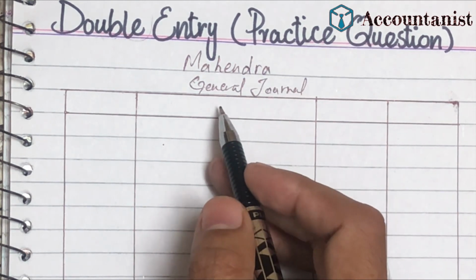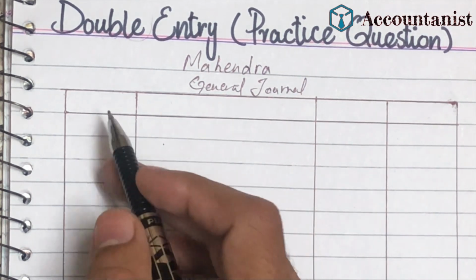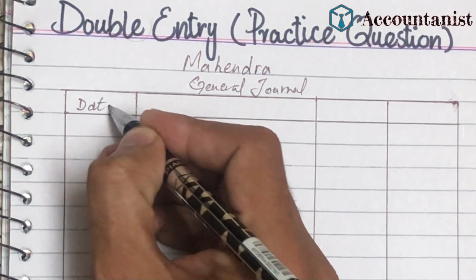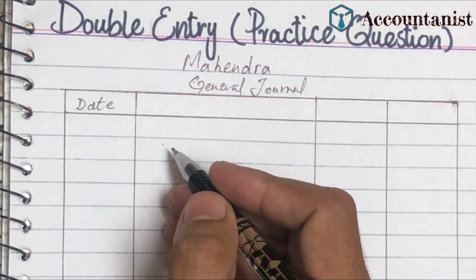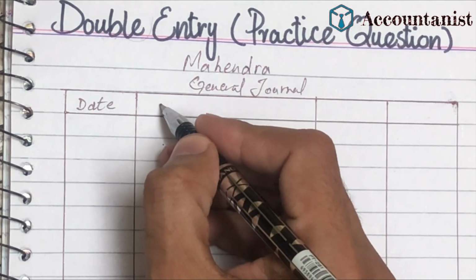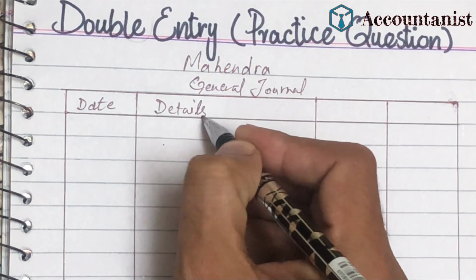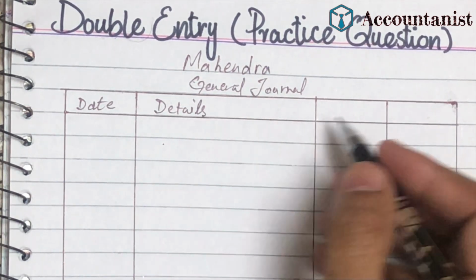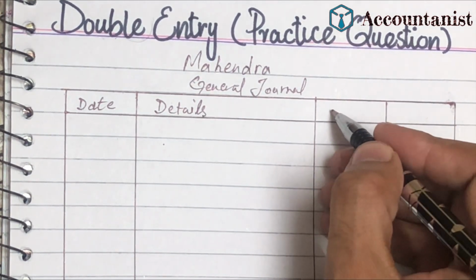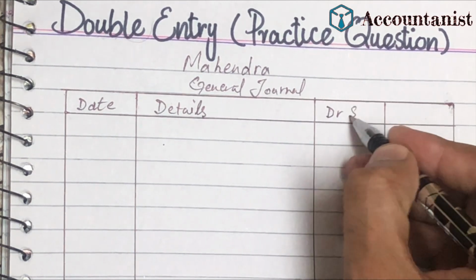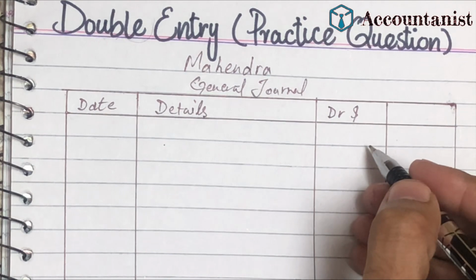So in this journal format, we do have the first column in which we write down the date, the second column with the title of details, and the third column is the debit column in which we will write down the amount.